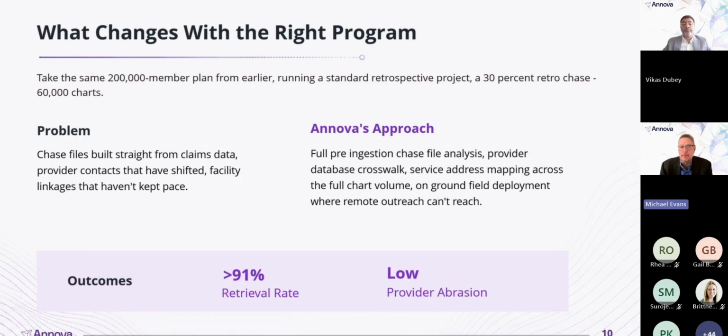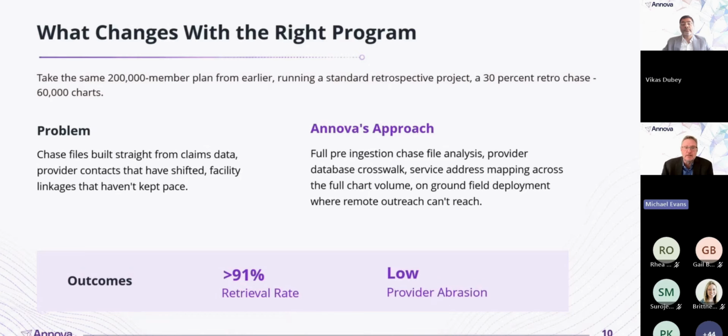Anyone can push a rate up by burning down provider relationships, by hammering offices, escalating aggressively, and spending goodwill you'll need on your next project. More importantly, the overall reputation of your organization and any organization you might be supporting can be damaged. Above 90% with low abrasion is a fundamentally different claim, and it's a hard one.